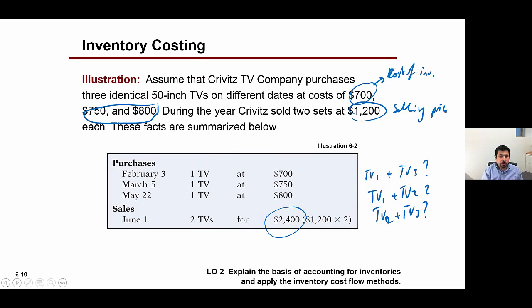If we are using the specific identification method, this is the question, because the cost will be different. If it was TV 1 and TV 3, the cost of goods sold will be $1,500. If it was TV 1 and TV 2, it will be $1,450. If it was TV 2 and TV 3, it will be $1,550. So which one is the correct one?